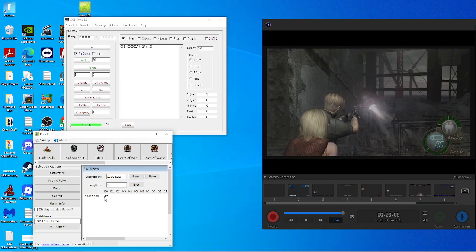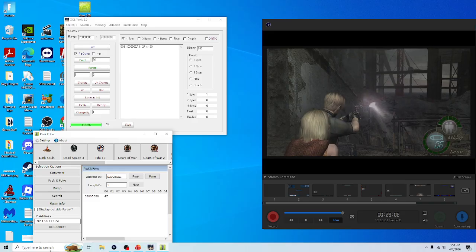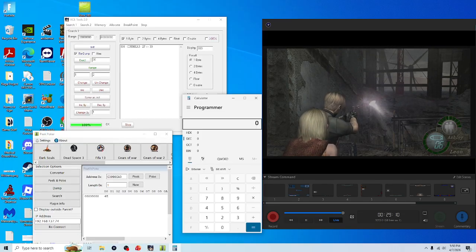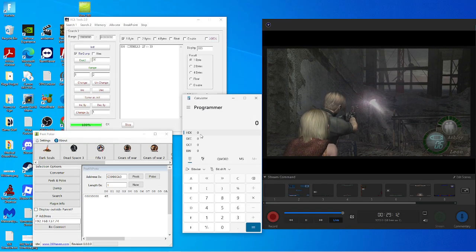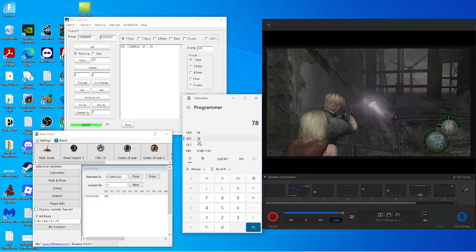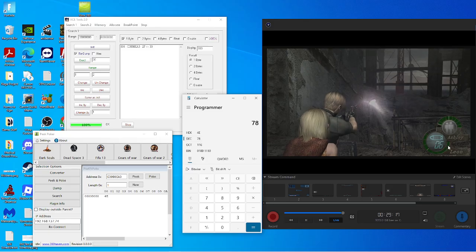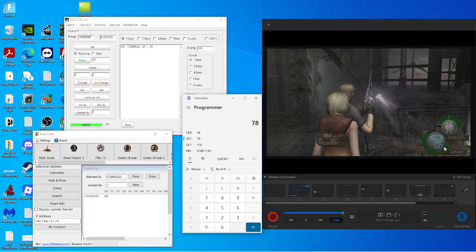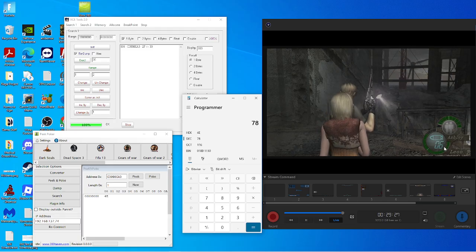I don't know about you, but 4E does not translate to 6. That's 78. Given that that doesn't match, it's clear that this address only was associated with the machine gun that we just fired. So yeah, you could find yourself having to deal with a lot of addresses, or maybe just dealing with one at a time.